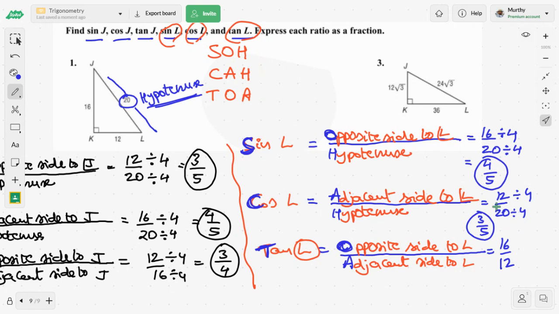So 16 over 12, and can you divide the numerator and denominator by any number? Yes, it is 4. So 4 times 4 and 4 times 3, then you'll end up with 4 over 3.